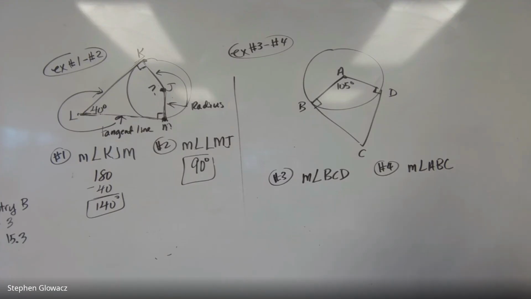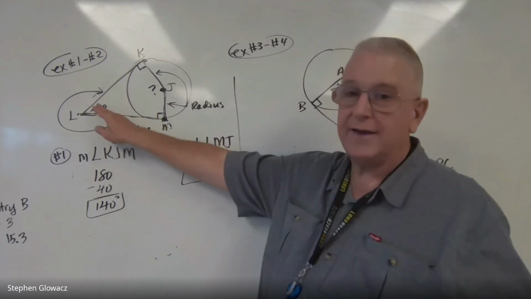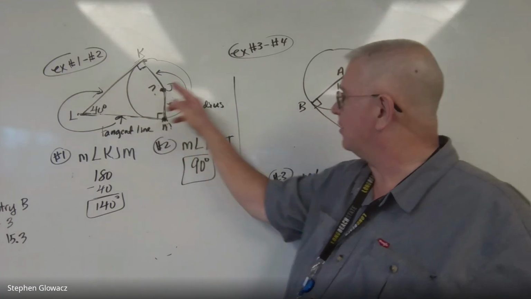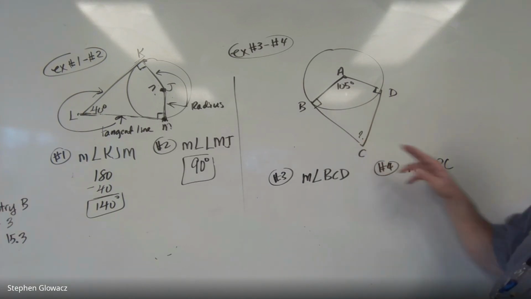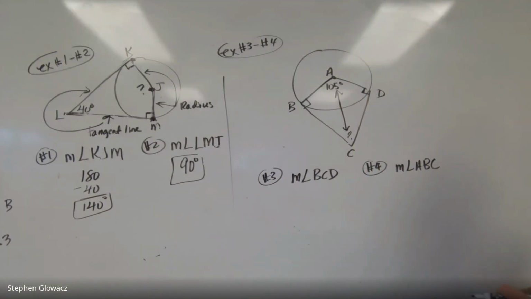So in this one, they want us to find the measure of angle BCD. And also what's different here, instead of giving you the angle that's outside the circle and asking you to find the one that's here at the center, they give you this one and they ask you to find this one. But the process is the same because remember, these two angles here are going to be supplementary.